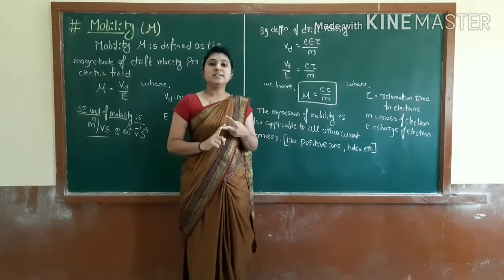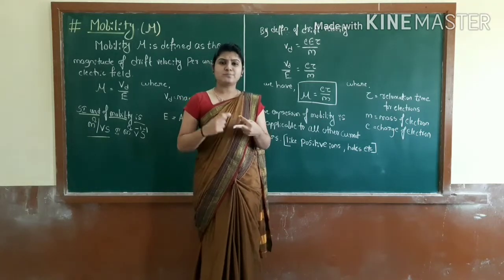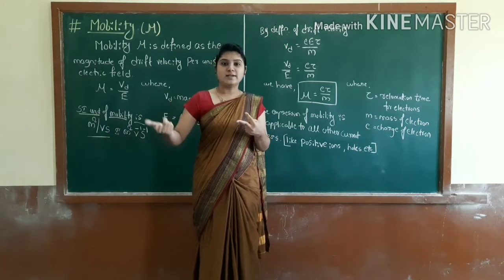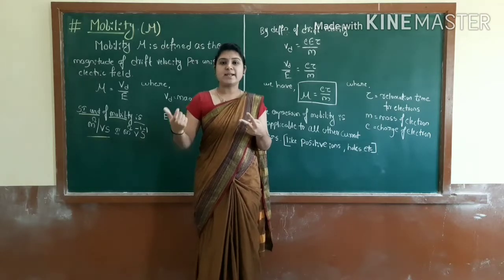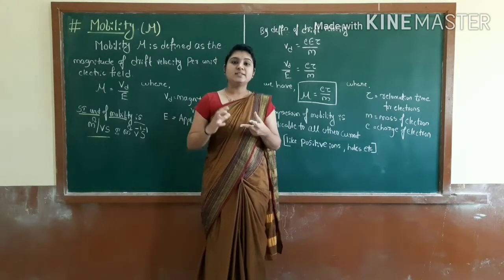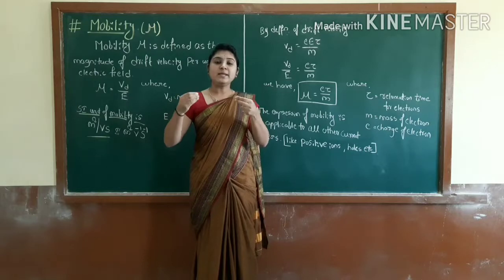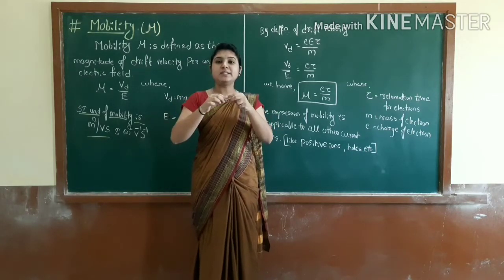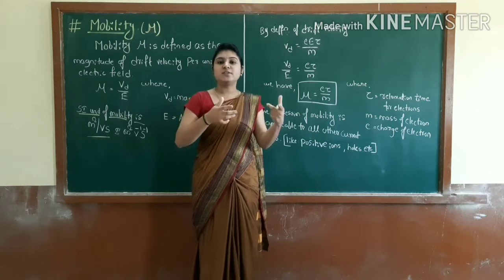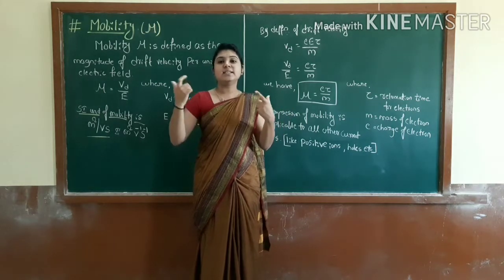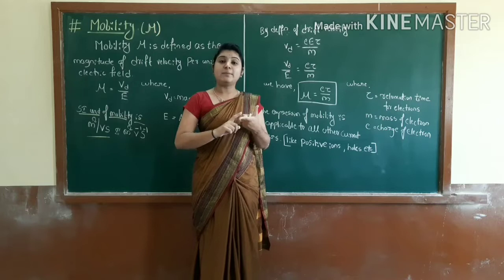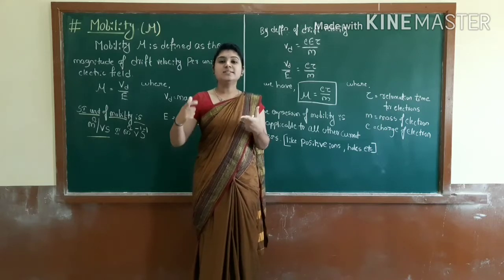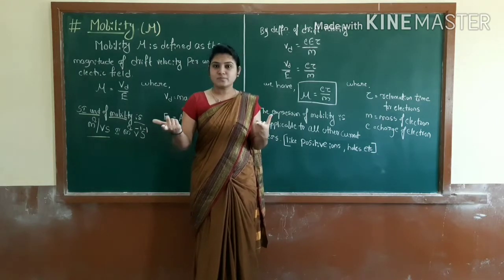Yes? See, in the second class I told you about the liquid conductors. We took the example of the electrolysis process there. See, their compound splits into small particles. Correct? That means NaCl splits into Na plus and Cl minus, right? So Na plus is the positive ion, Cl minus is the negative ion, correct?